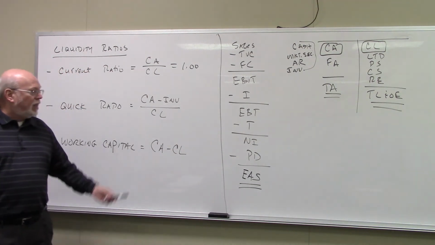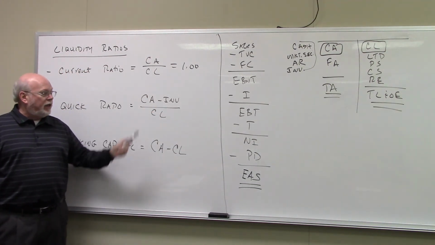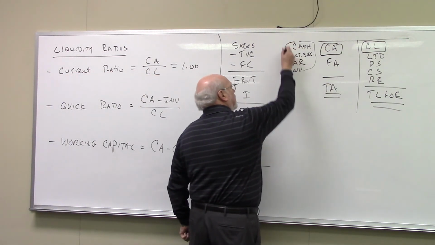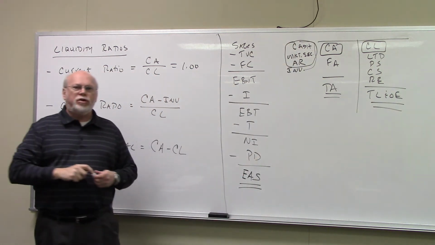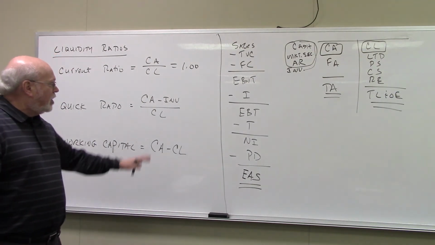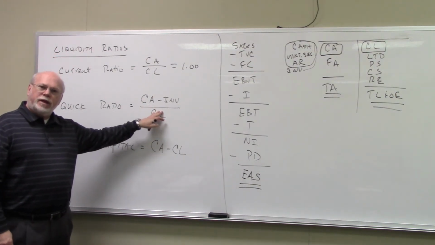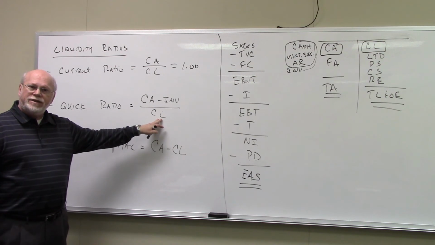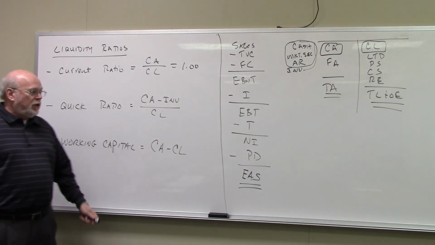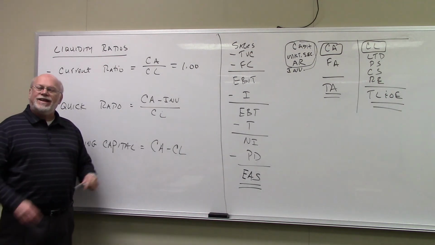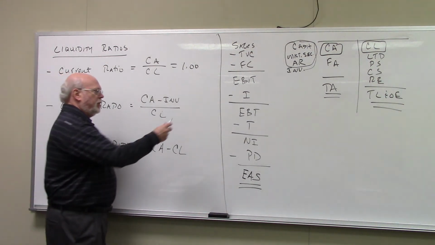And the quick ratio takes that out, okay? So if you take current assets and you subtract out inventory, what do you have left? Well, you have cash, securities, and receivables. Your most liquid current assets is what's left. And so you have your most liquid current assets in the numerator divided by your current liabilities, your short-term indebtedness. Many people view the quick ratio as a more stringent measure of liquidity, simply because it takes inventory out of the numerator.